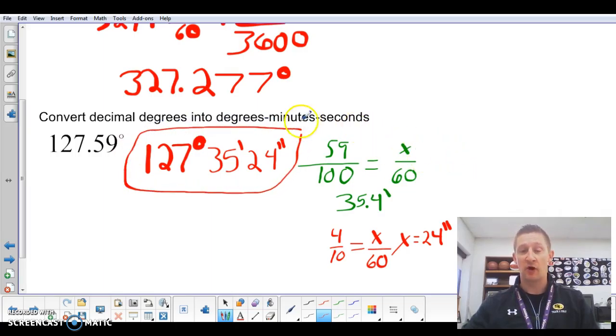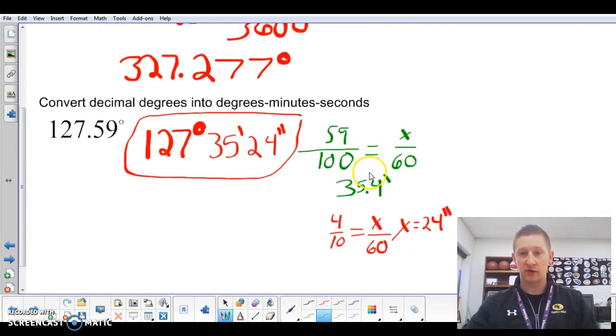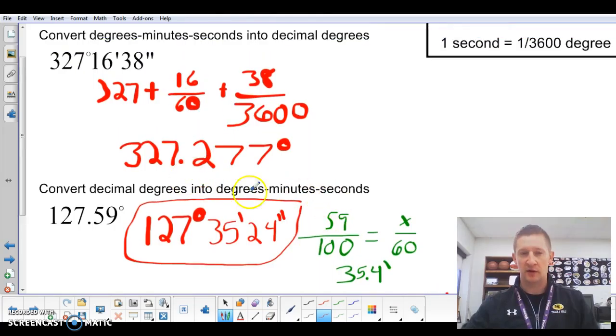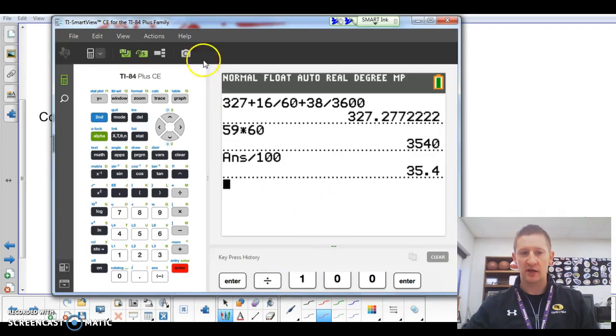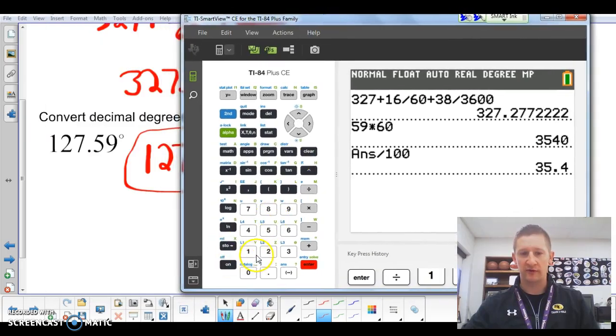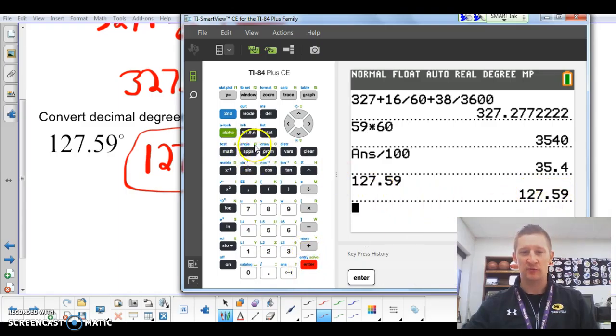Now, if all that seems too complicated, your calculator is pretty good at this. Let me show you how to do that. First of all, we'll do this one. We got 127.59 degrees. All right, so I type in 127.59. I'll hit enter so that it's my previous answer. Then I go to the angle menu. See, angle is right here above apps.